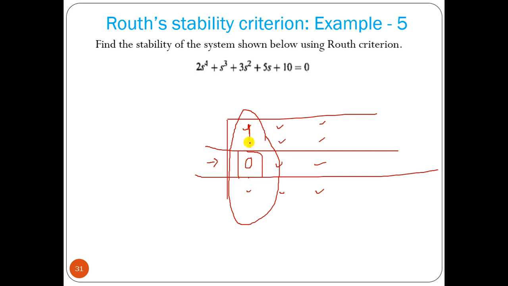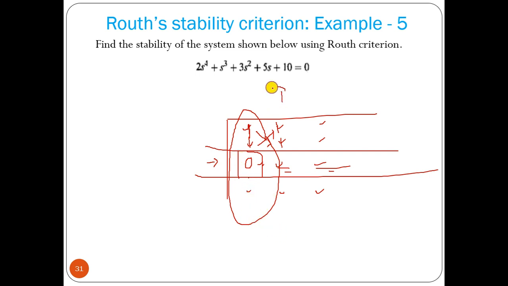Say this is 1 1, this is 1 1, so 1 into 1 minus 1 by 1 will be 0. If this happens and the other values in the row are non-zero, then we cannot solve it directly. So we have to do some process to solve it and find out stability, and how many poles are on the right half plane.